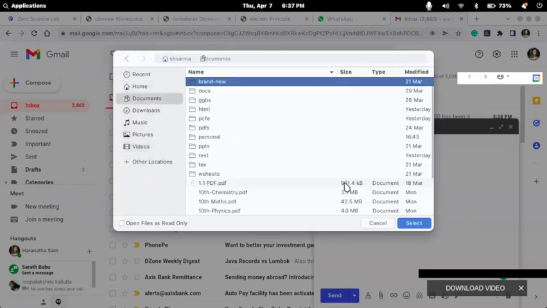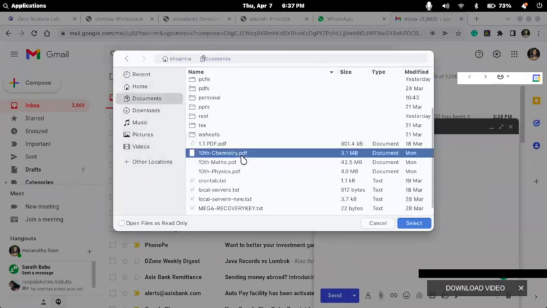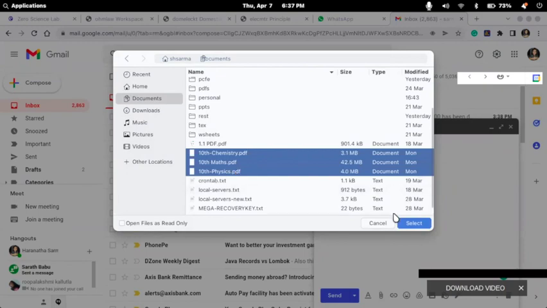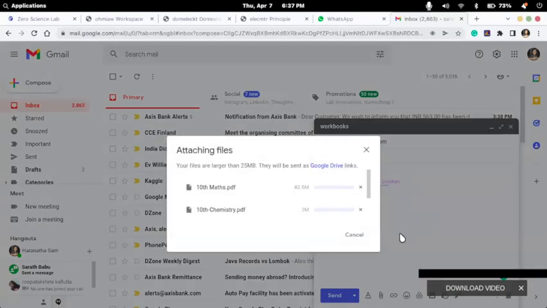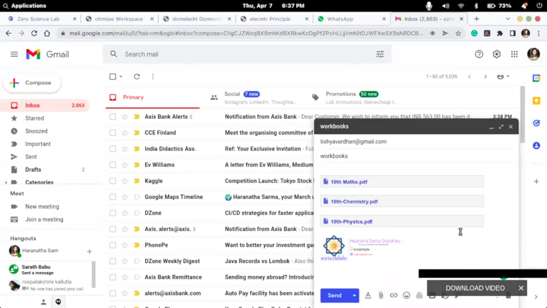Okay, because I already have these PDF files. Yes, sir. I'll start doing. If those workbooks come, I'll write in that. Okay. Okay, sir.